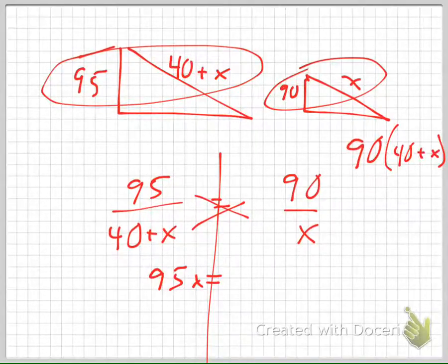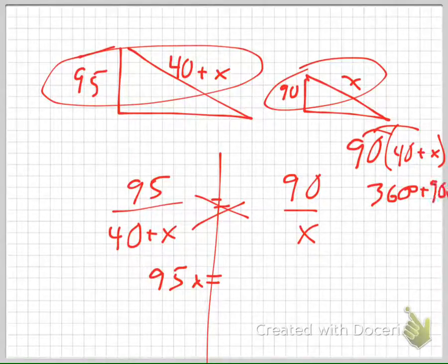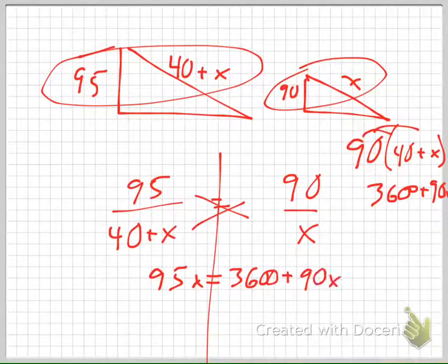What do I have to do? Distributive property. I can't do anything with 40 plus x otherwise, right? Distributive property. That's 3,600 plus 90x. So 95x equals 3,600 plus 90x.